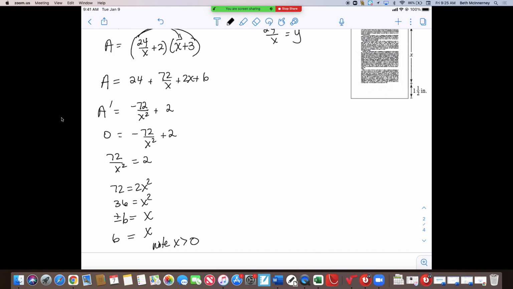Oh, you know what? Note that x has to be greater than 0, right? Because you can't have negative dimensions of a piece of paper.